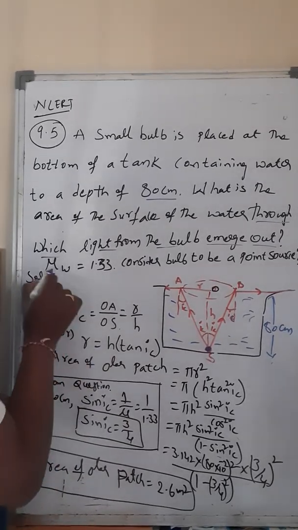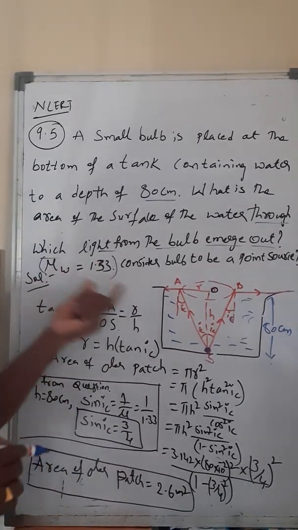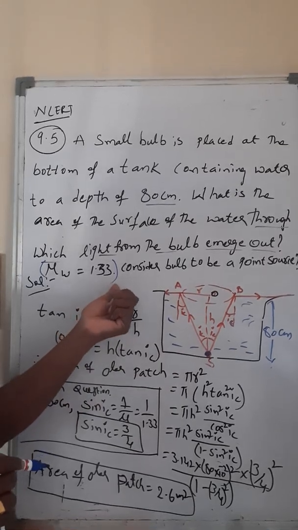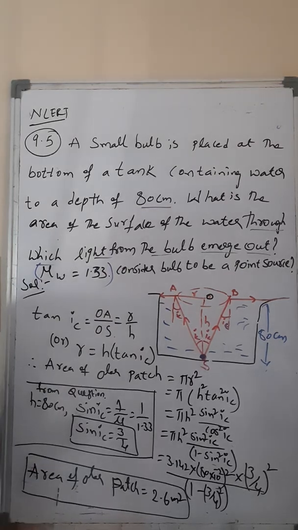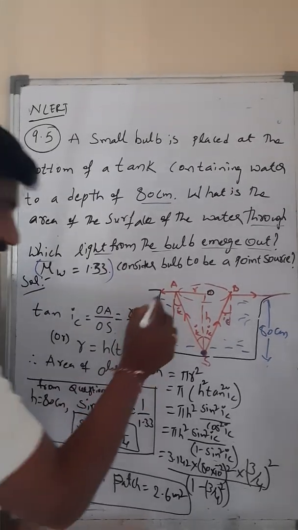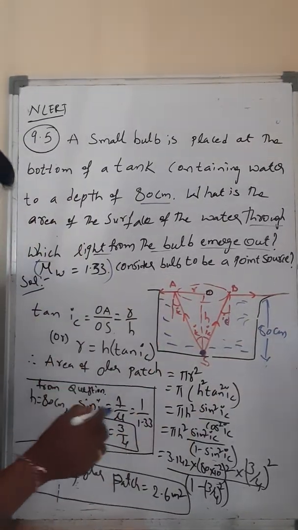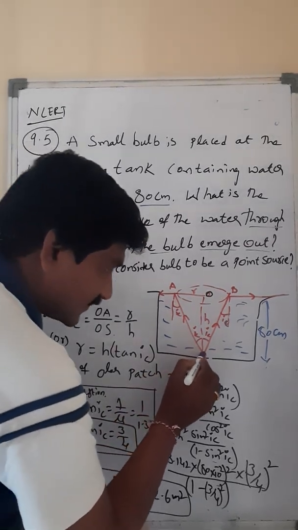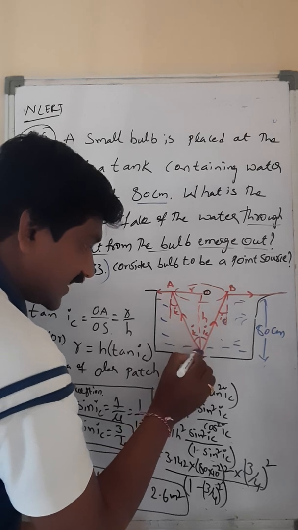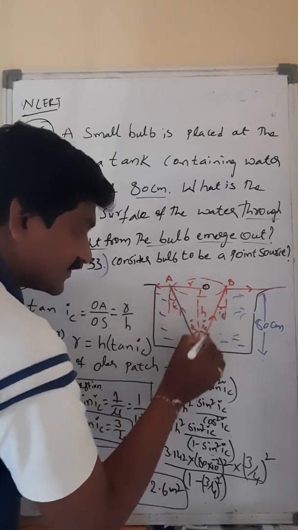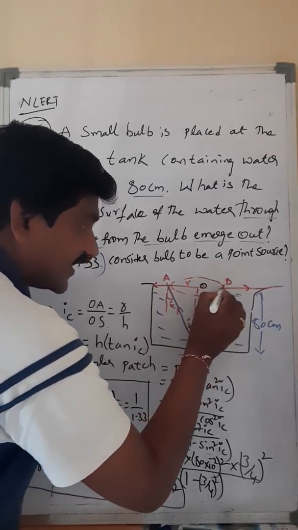For that, as given data, the refractive index of the water is 1.33. As the questioner said, the bulb is a point source we have to consider. So you can see here, I am considering this as a source, and from the source the light ray can pass like this as well as like this.